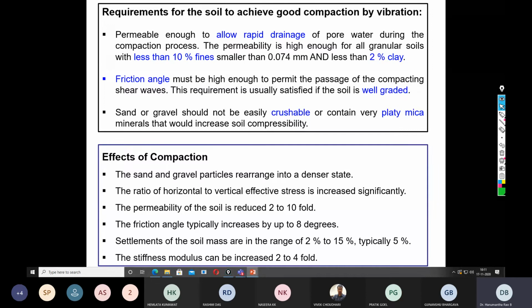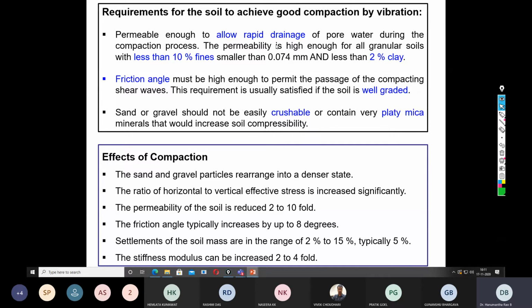If there is no rapid drainage, then there is a possibility of the soil turning into slurry. So therefore, the water has to come out quickly. Now there are two things. If the water does not come out, there is a problem. If water exists during the compaction, then there is a possibility of the creation of additional excess pore water pressure with the existing water. So therefore, there has to be rapid drainage. All the water has to come out.